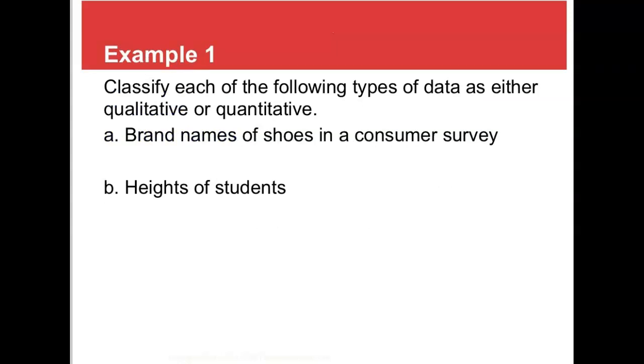All right, so let's just practice classifying a little bit here. Classify each of the following types of data as either qualitative or quantitative. Brand names of shoes in a consumer survey. Qual or quant?